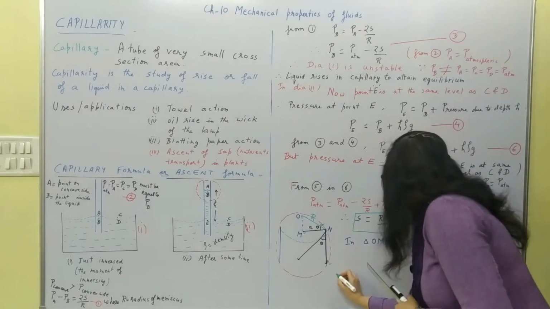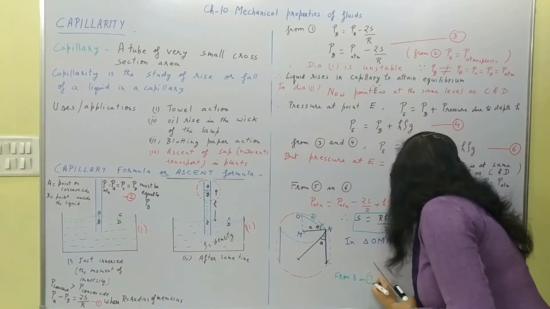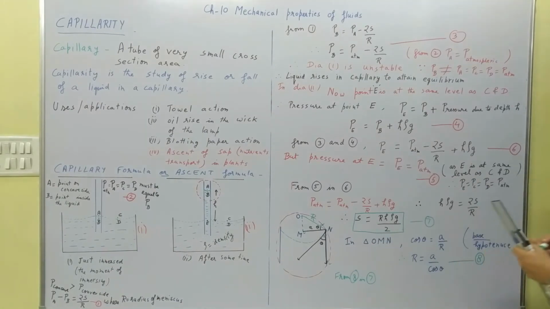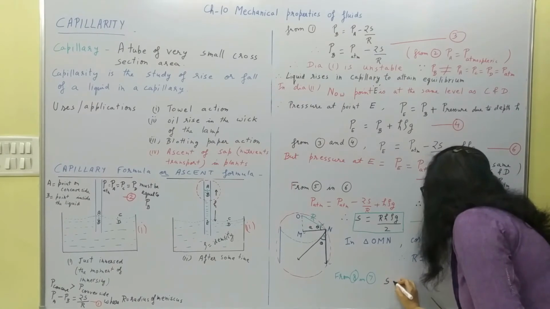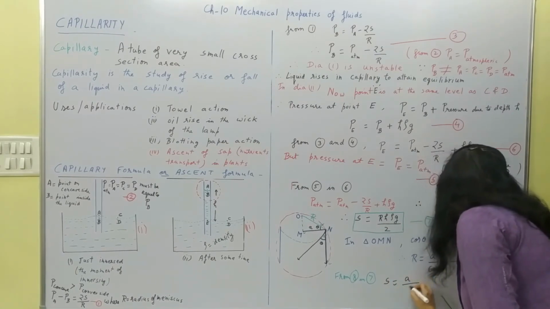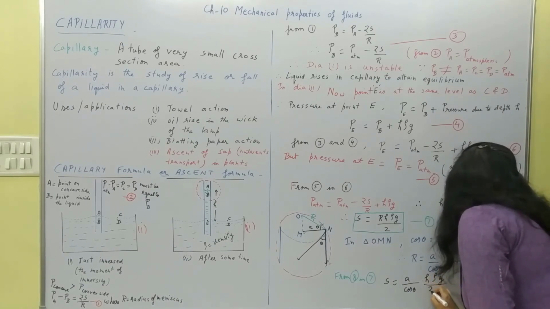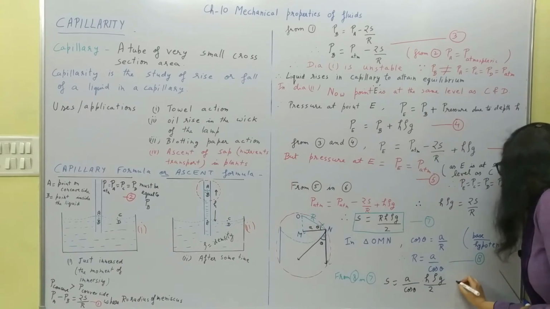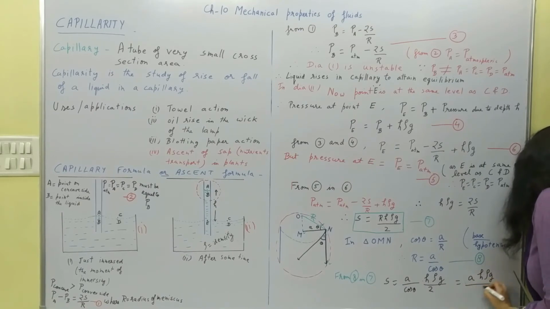From 8 in 7, what will I get? I'll get S is equal to, for R I am writing A upon cos theta, H rho G upon 2. So the formula becomes A H rho G upon 2 cos theta.